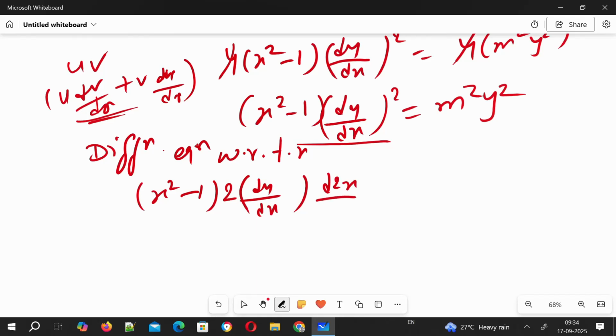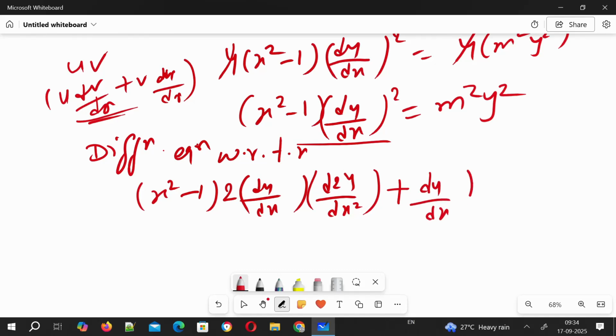d2y by dx square, so at this place d2y by dx square. Again you need to differentiate dy by dx, so it will be formed in this form. Okay, here you can again plus dy by dx, it will be the same.